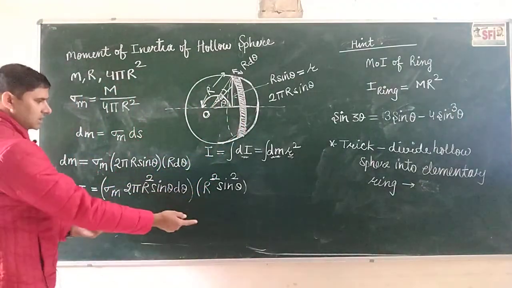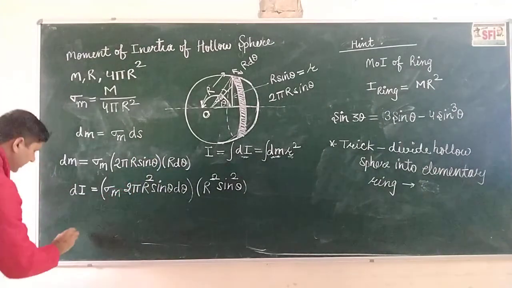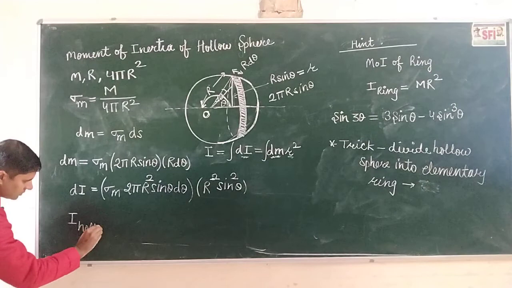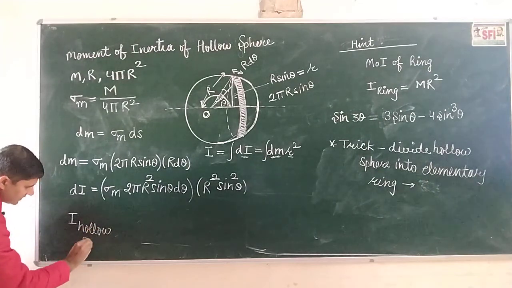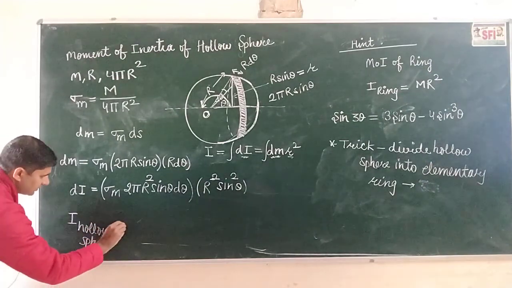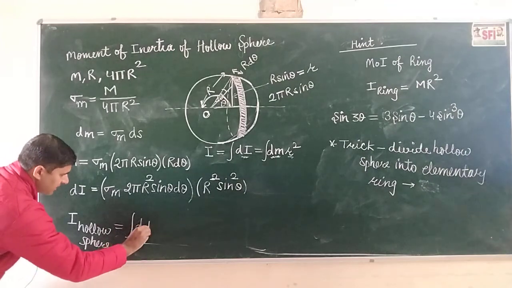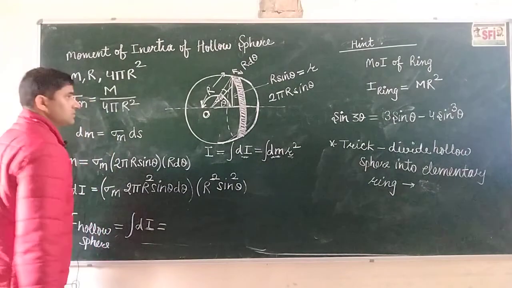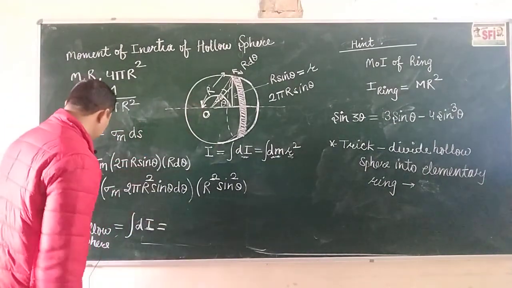Okay, and here theta is the only variable. So to find the moment of inertia of the hollow sphere, you will integrate it, and then you will get the moment of inertia of the hollow sphere, where mass is present only at the surface.